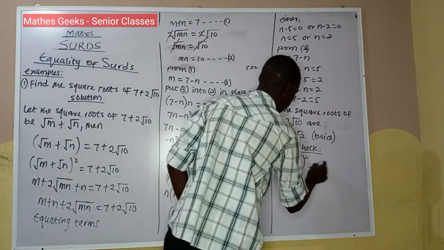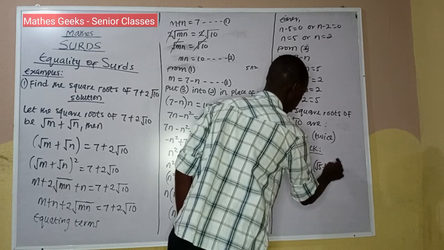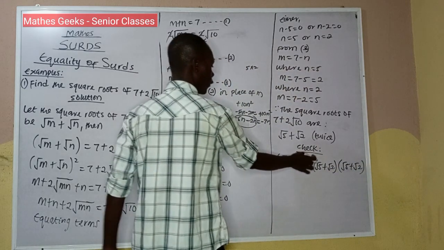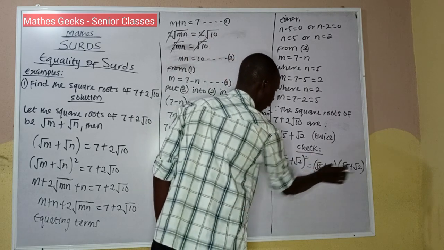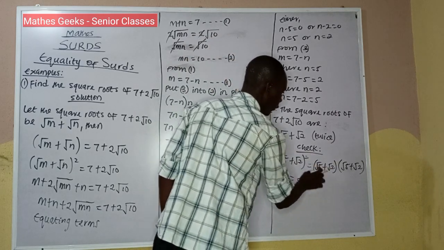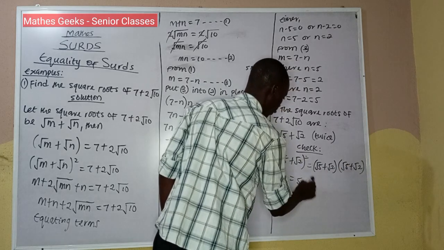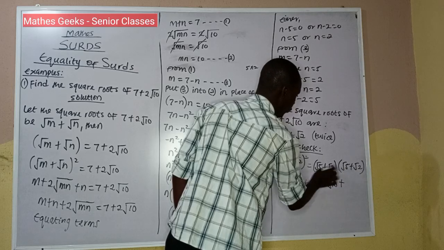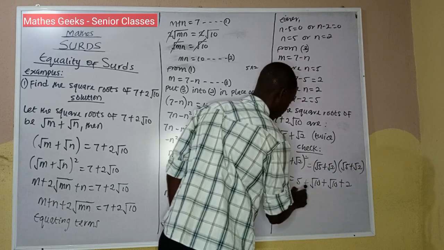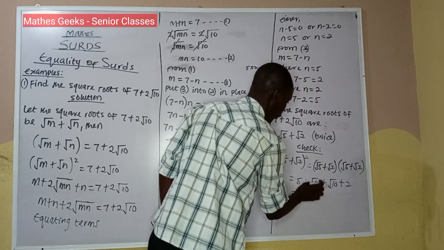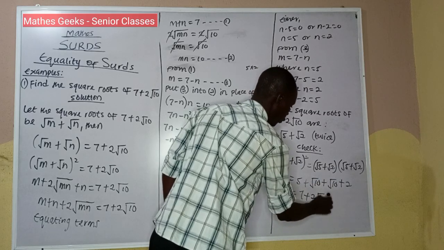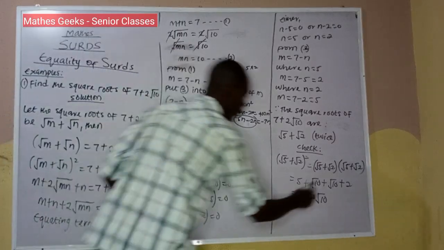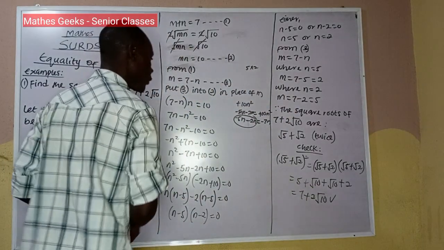Root 5 times root 5 is 5, and root 5 times root 2 gives root 10, plus root 2 times root 5 gives root 10, plus root 2 times root 2 gives 2. Now 5 plus 2 is 7, and root 10 plus root 10 is equal to 2 root 10. Now compare this to what you have here. It's the same, so it checks. The answer is correct.